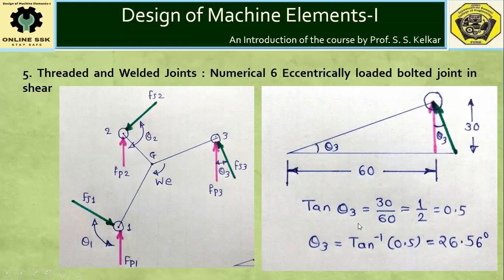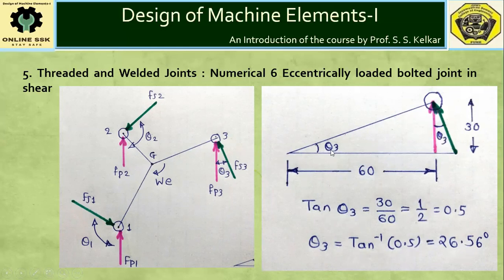So tan of theta 3 is equal to opposite side 30 divided by adjacent side 60. 30 upon 60 is half. Therefore, theta 3 is equal to tan inverse of half, which is equal to 26.56 degrees. This is the angle between primary and secondary force.